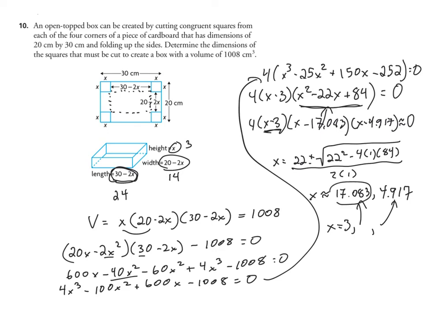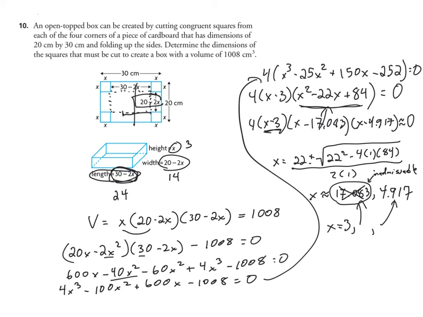For x equals 17, we have a length of negative, that would be a negative length. So this one is inadmissible. That's impossible. You can't cut it. That would mean these cut squares actually go beyond each other. It doesn't make any sense. So this one is inadmissible.